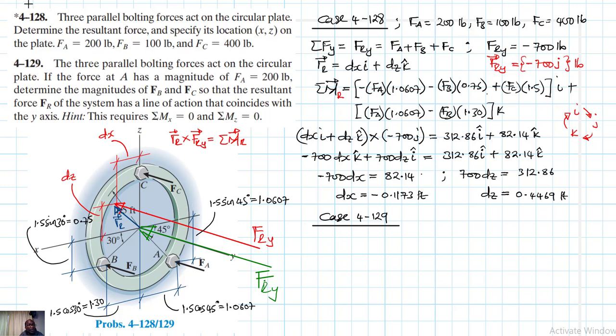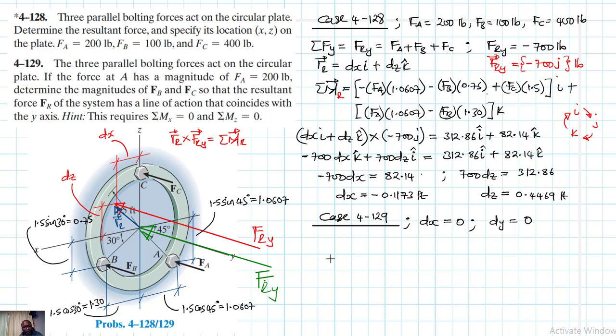0. So in this particular case, we'll say our dx is going to be equal to 0, and our dy is going to be equal to 0. So we use the same equation, and then we'll have the new resultant force.